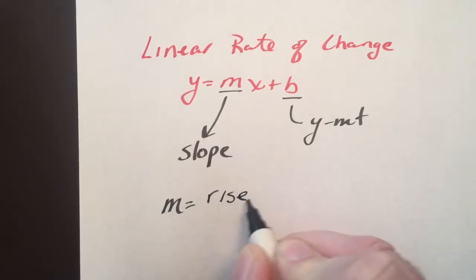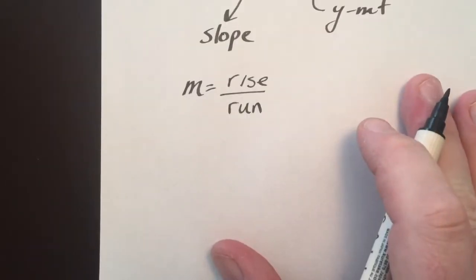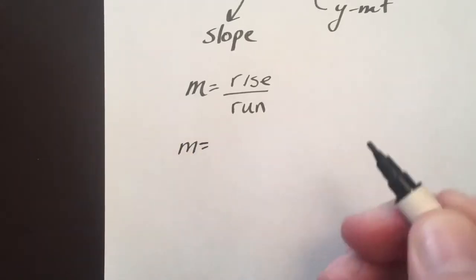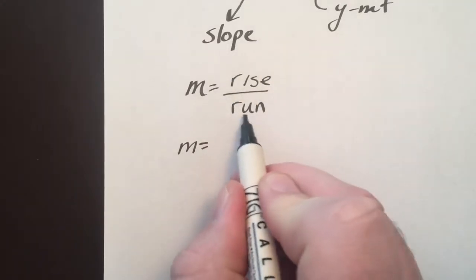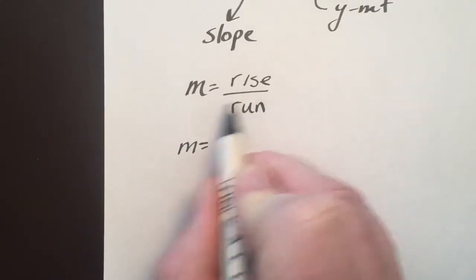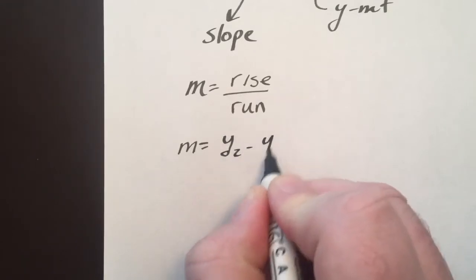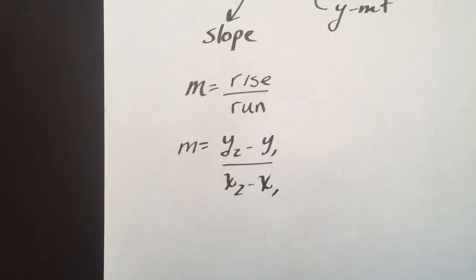In English, it was rise over run. We also had a formula for this. Rise on our graph are the y values. Running from left to right on our graph are our x values. So we had something like y sub 2 minus y sub 1 over x sub 2 minus x sub 1.